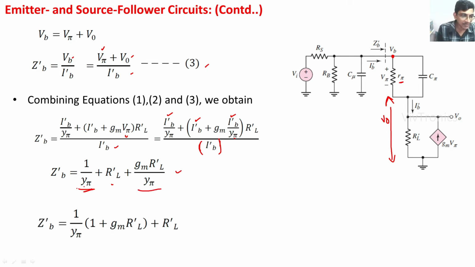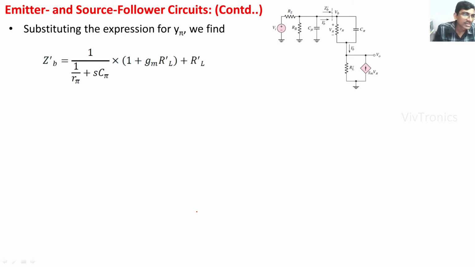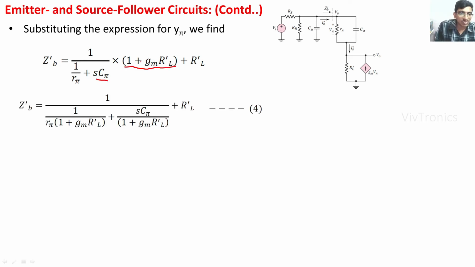If you take 1 by Y pi common from these two terms, we have 1 by Y pi into 1 plus GM RL dash, plus RL dash. Substituting the expression for Y pi in the above equation, we get ZB dash is equal to 1 by R pi plus S C pi, into 1 plus GM RL dash, plus RL dash. Here we take this 1 plus GM RL dash into the denominator.